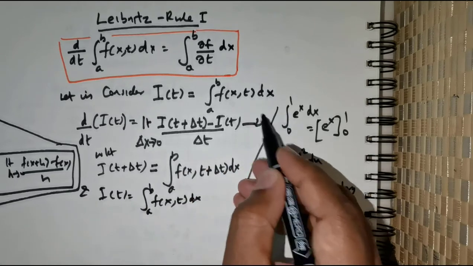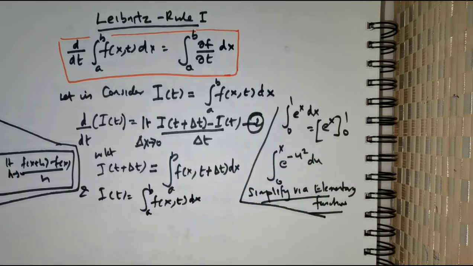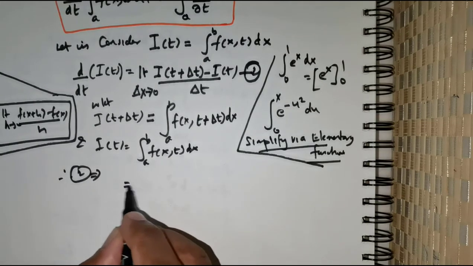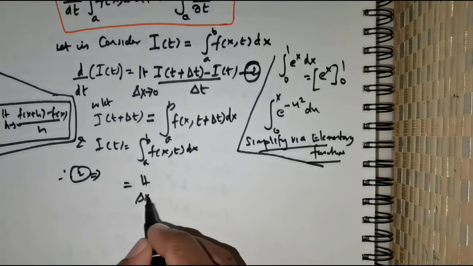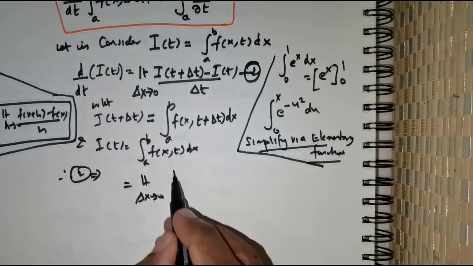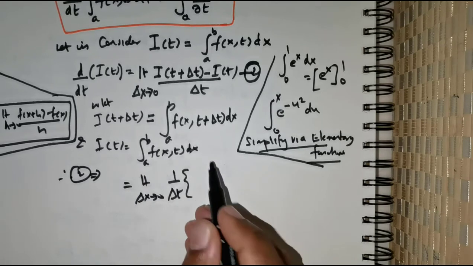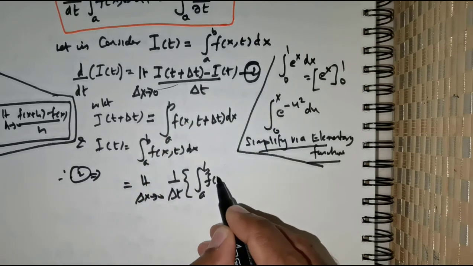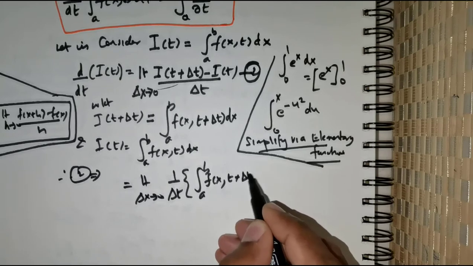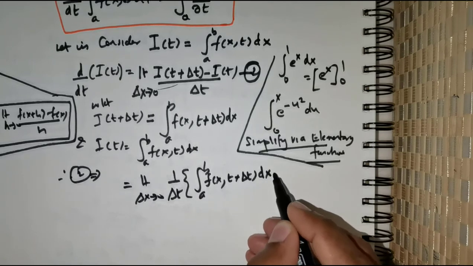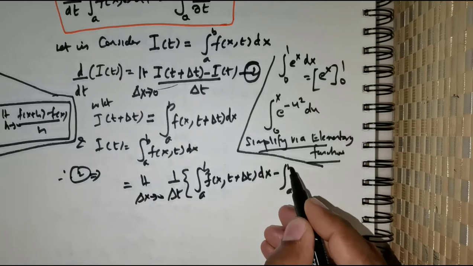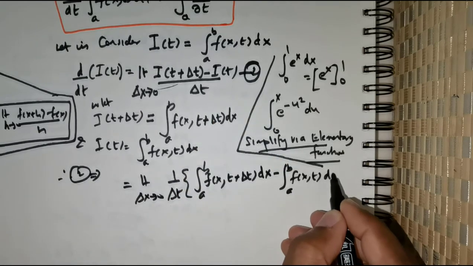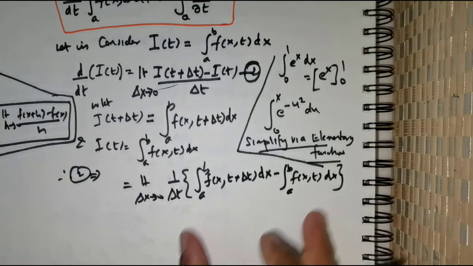So if I take this as 2, I can rewrite 2 as the limit as delta t tends to 0 of the integral from a to b of f of x comma t plus delta t times dx, minus the integral from a to b of f of x comma t times dx, all divided by delta t. This is what we've got.